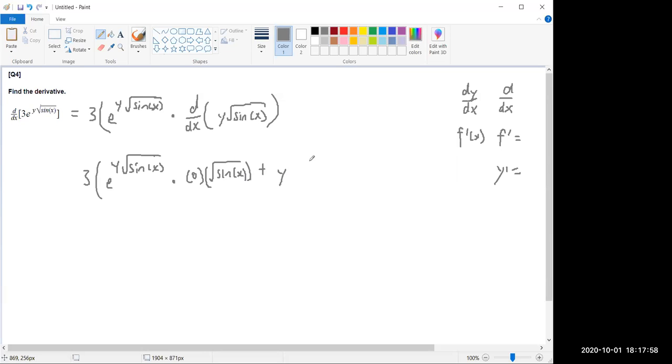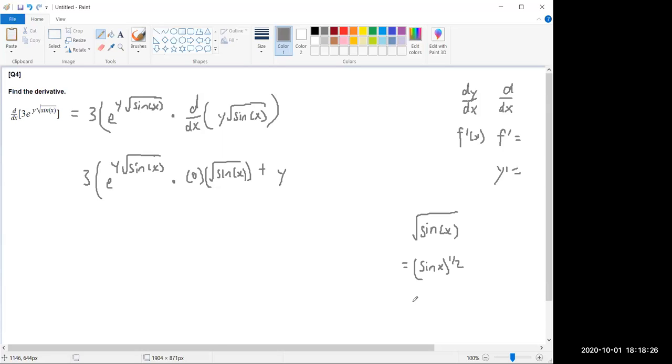So taking the derivative of square root of sine of x, let's do that on the side because that's multiple parts. So this is what we're looking at. This is the same as sine of x to the 1/2 power, right?